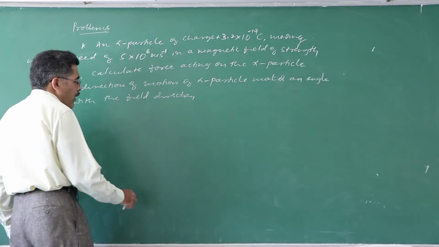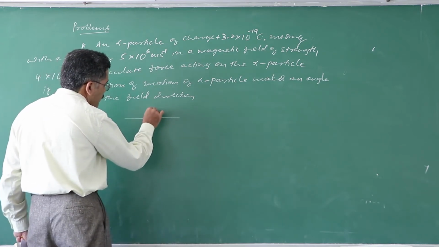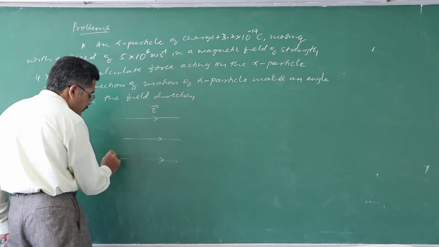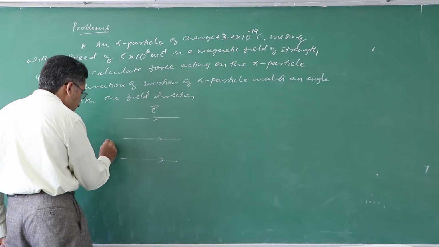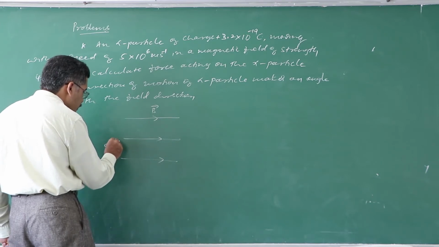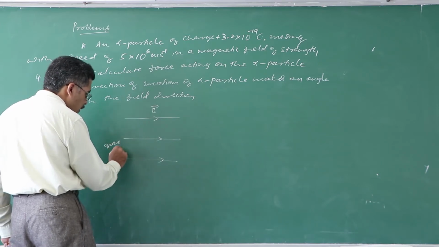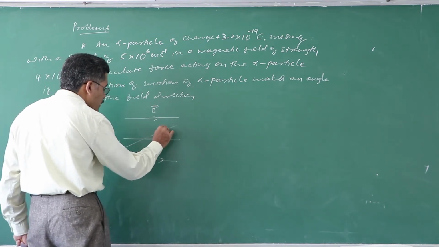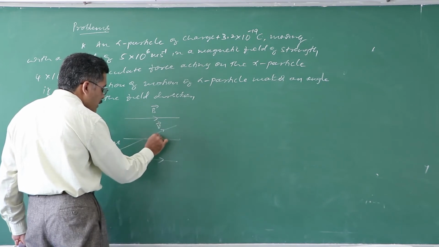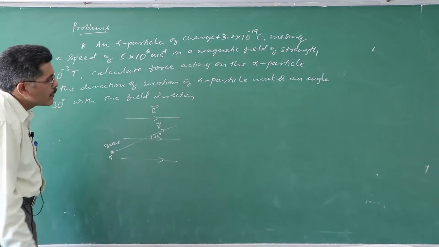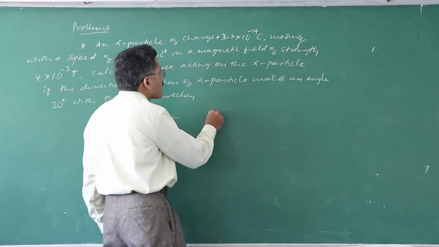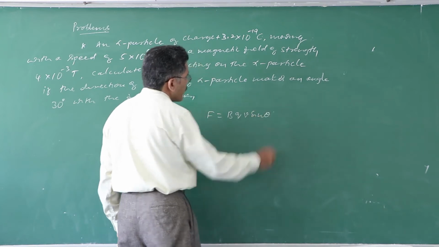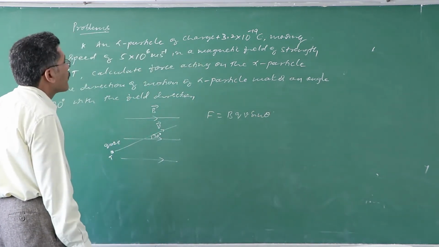Suppose this is the magnetic field. The alpha particle has charge Q equal to 2E. It is moving with a certain velocity v, and the angle is 30 degree. What is the force acting on the alpha particle? F is equal to BQV sin theta.